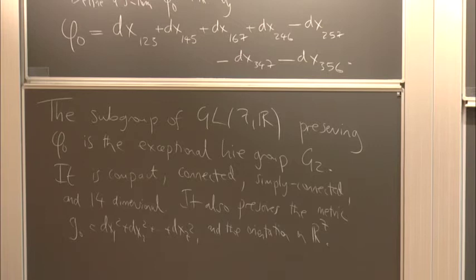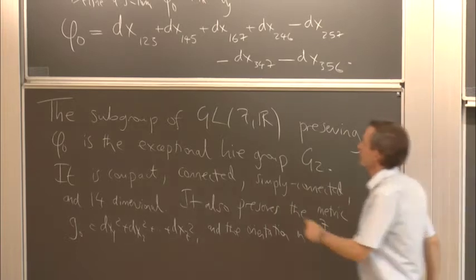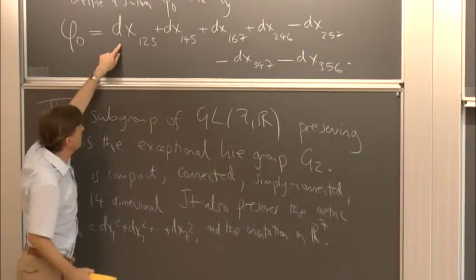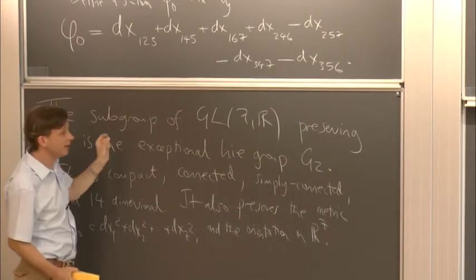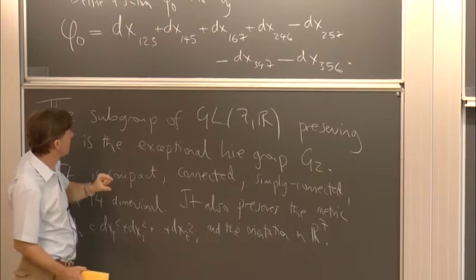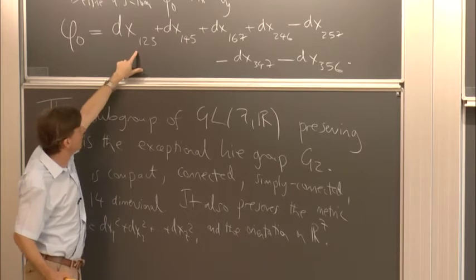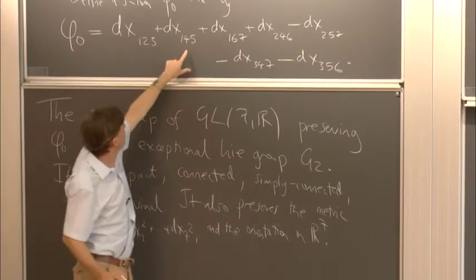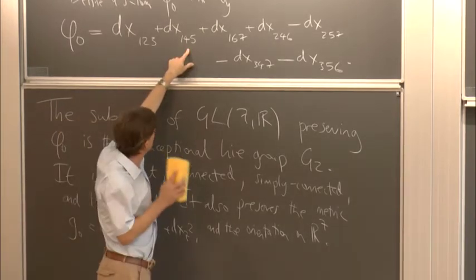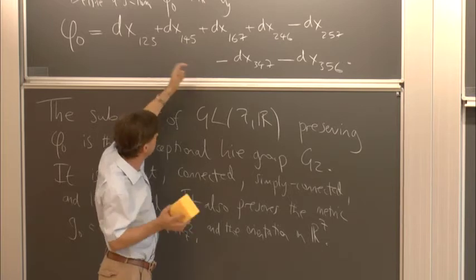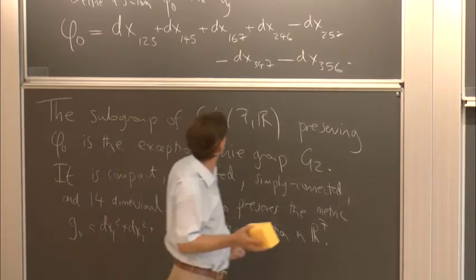So if you take the imaginary octonions to have basis E1 up to E7, then the fact that you have a dx1, 2, 3 in here comes from the fact that E1 times E2 is equal to E3, and in fact E2 times E1 is minus E3, E2 times E3 is E1, and so on. The fact that 1, 4, 5 is in here is because E1 times E4 is equal to E5 in multiplication in the octonions, and so on.